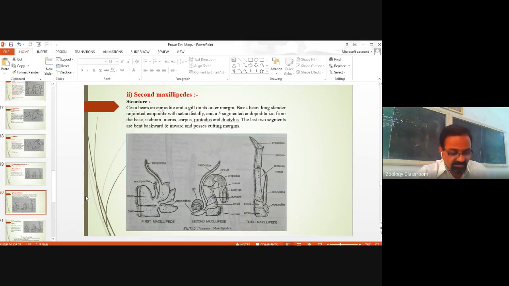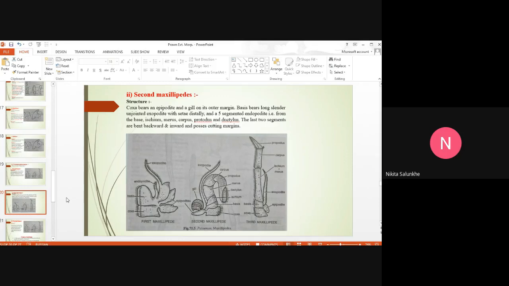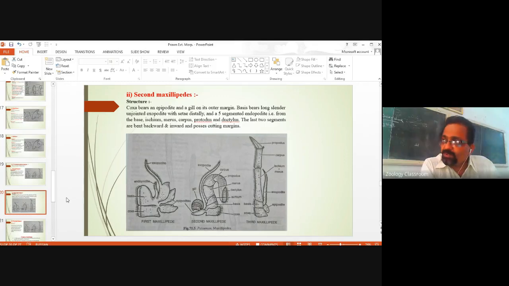Now, how many pairs of walking legs are there? 5 pairs of walking legs. Out of these 5 pairs, the first 2 pairs are called chelate legs. The third, fourth, and fifth legs are called typical legs.